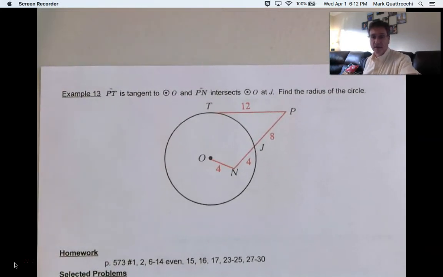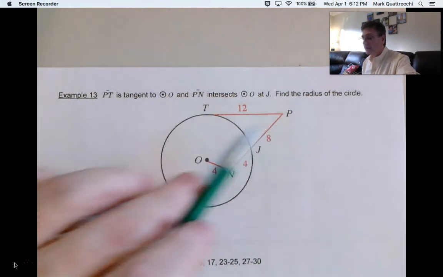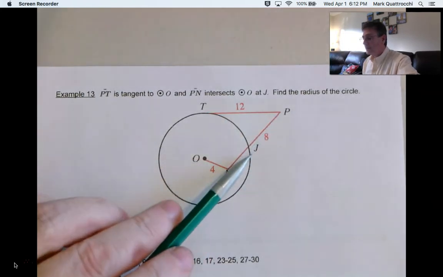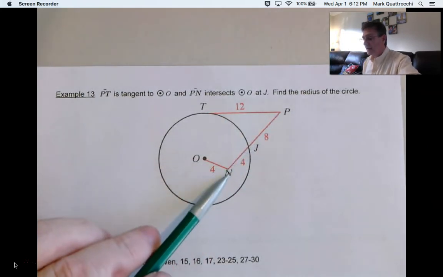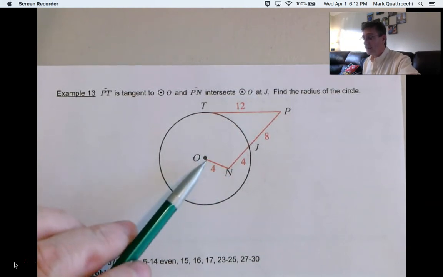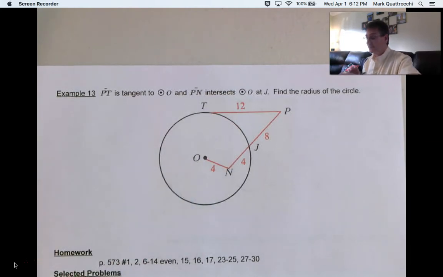The source that I got this from has this starred as exceptionally difficult, and they're not kidding. So we know that PT is 12 and it's tangent to the circle O. We know that PJ is 8, JN is 4, ON is 4, and we're looking for the radius of the circle, OJ, OT, or any radius that we can find.